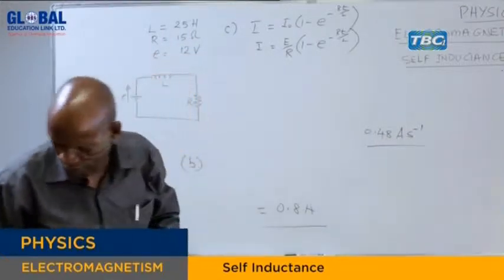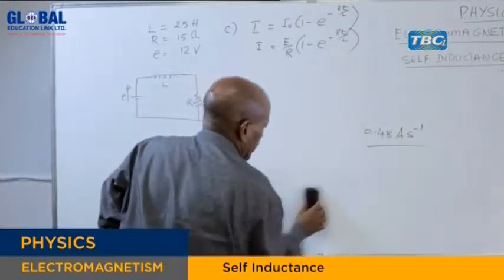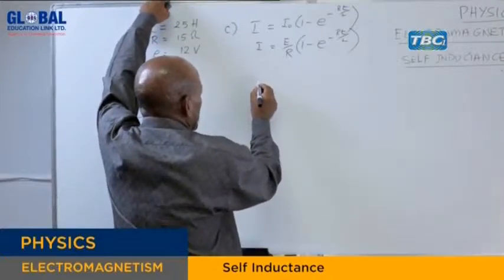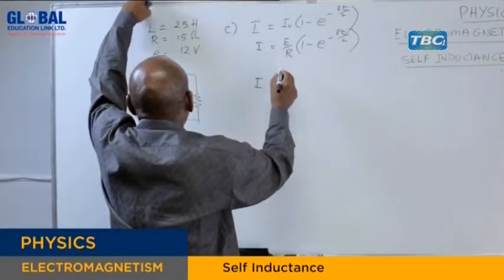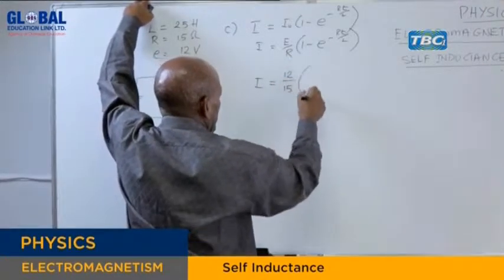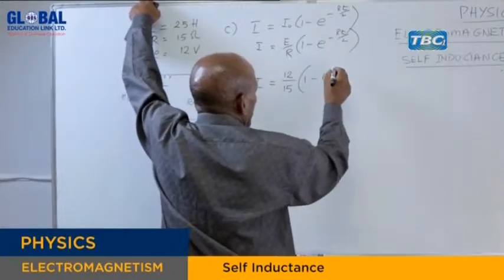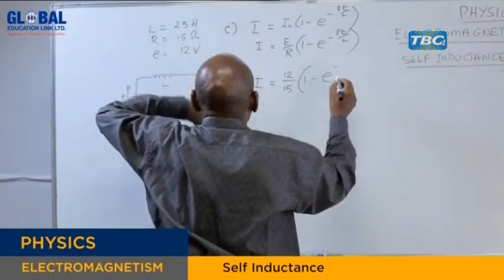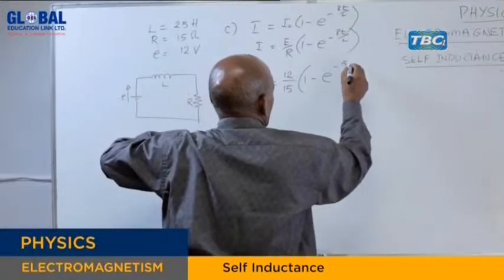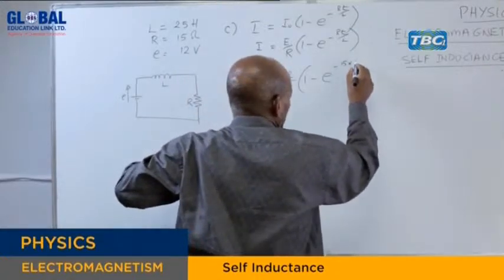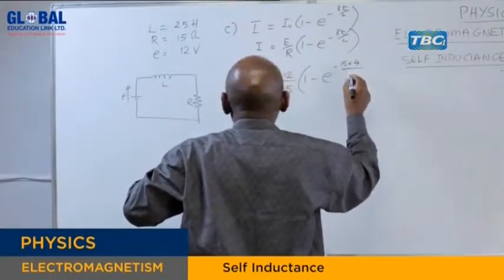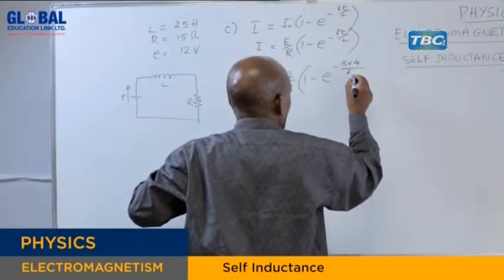If we substitute that particular value, then we'll just be getting something like this. We are looking for a current I. The value for E, that is 12, over R, that is 15, into 1 minus e power minus R, that is 15 ohms, and the time there is 4 seconds, so we multiply by 4 seconds over L, and our L, that is 25 Henry.